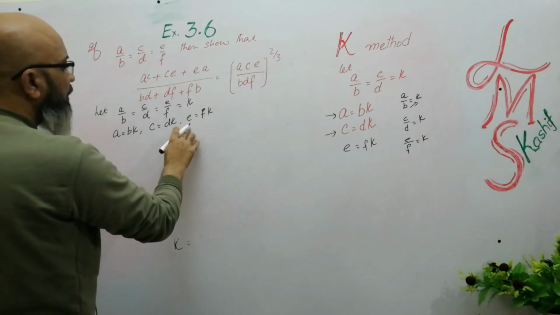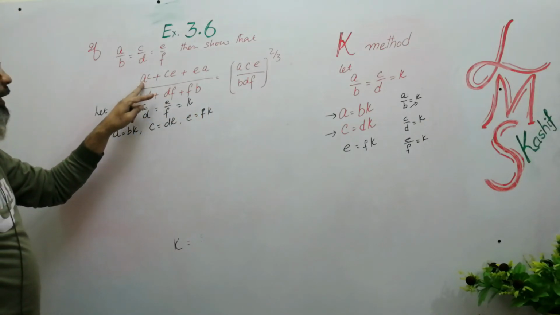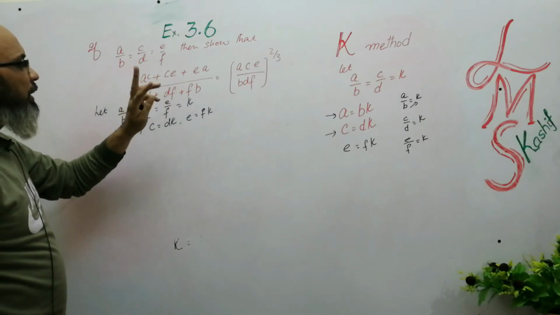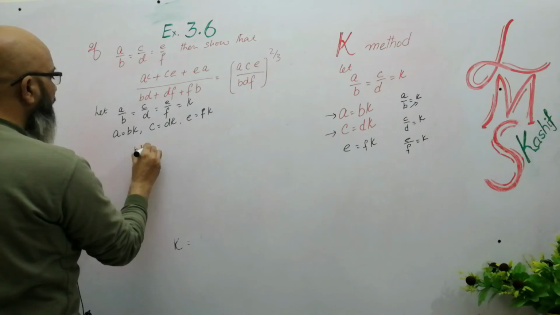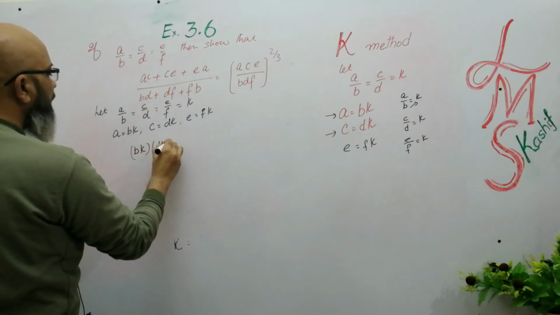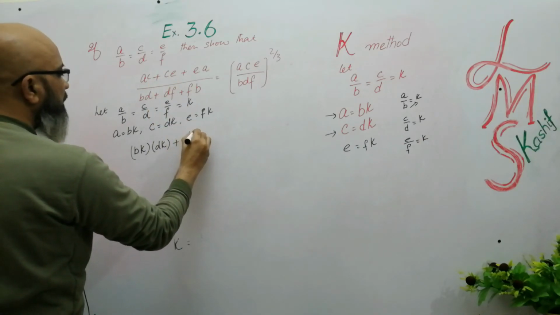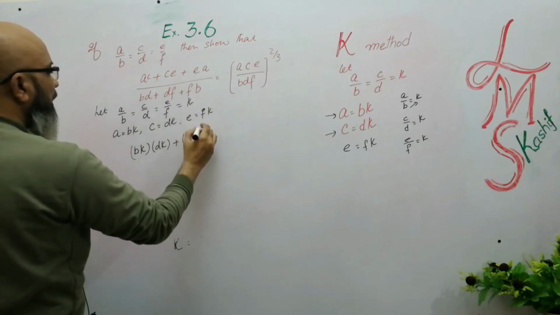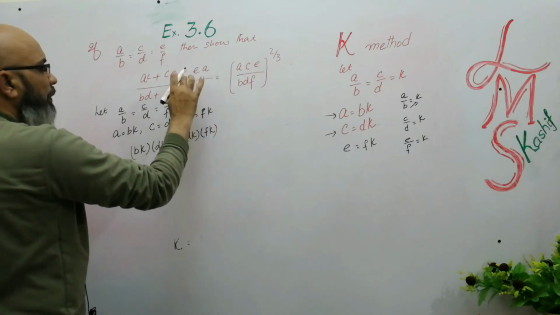One more value we have now. So replace the value of a, c and e. What is the value of a? That is bk. What is the value of c? That is dk. Plus what is the value of c? That is dk. What is the value of e? That is fk.